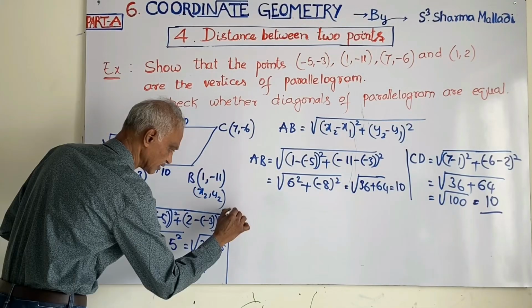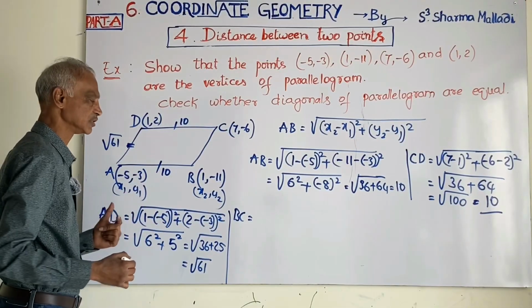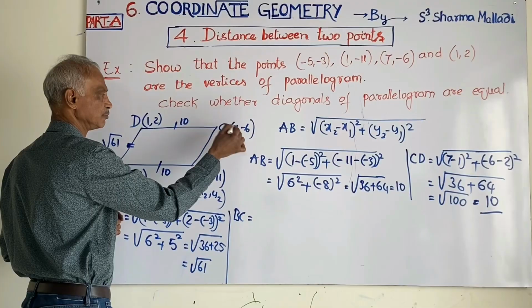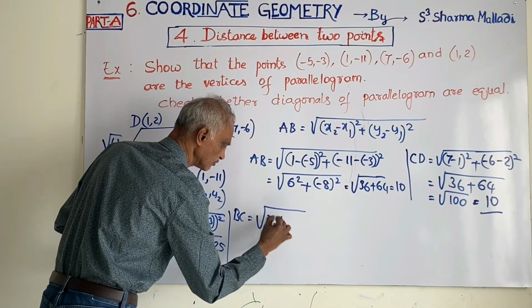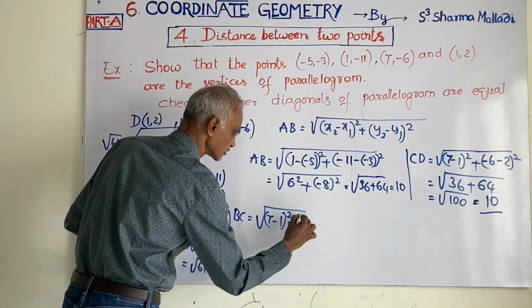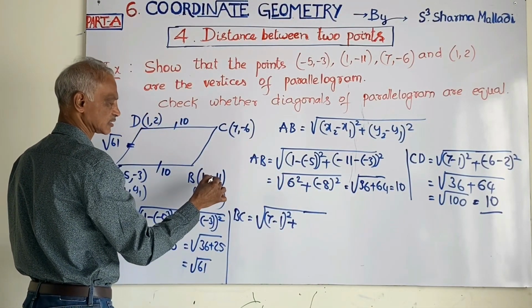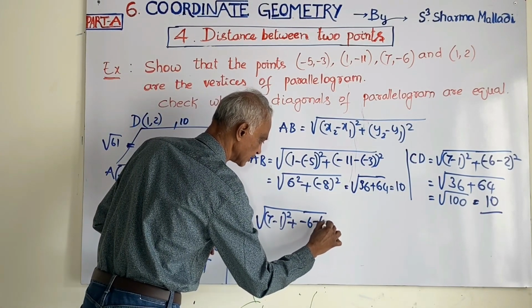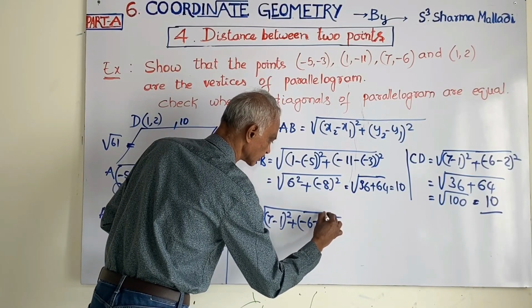We will find BC is equal to root of x2 minus x1 whole square, means you can take x1 y1 this one, x2 y2, means 7 minus 1 whole square, plus minus 6 minus of minus 11 whole square.